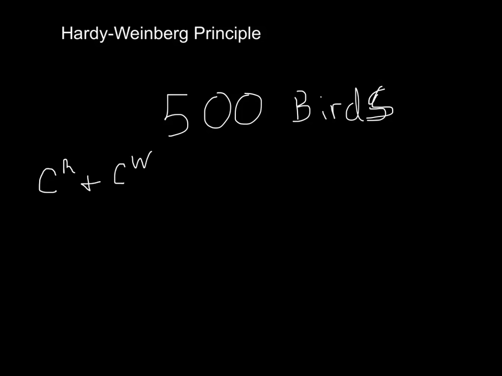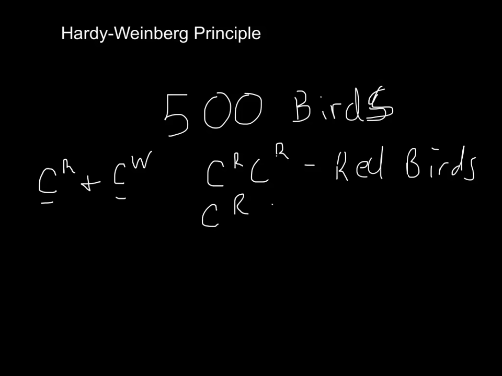Remember, every species is diploid, so they're going to have 1 and 1. Let's say these code for pigment. So let's pretend that we have CR for redbirds, and we will have CRCW for blackbirds.